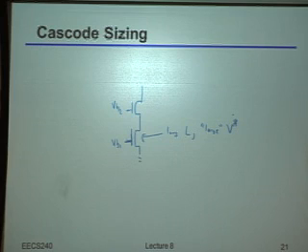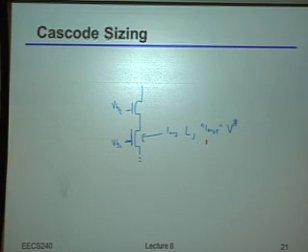But nonetheless, indeed, we want a relatively large V star, at least to the extent that it doesn't eat into our swing, because making that V star large will help us from a noise performance standpoint. Now, you have to be a little bit careful with this, and that's really why I put this in quotes, because there is that trade-off between the minimum voltage across the current source and the noise you get. But it basically says you're going to make this as large as you can while still meeting the swing that you want to get.